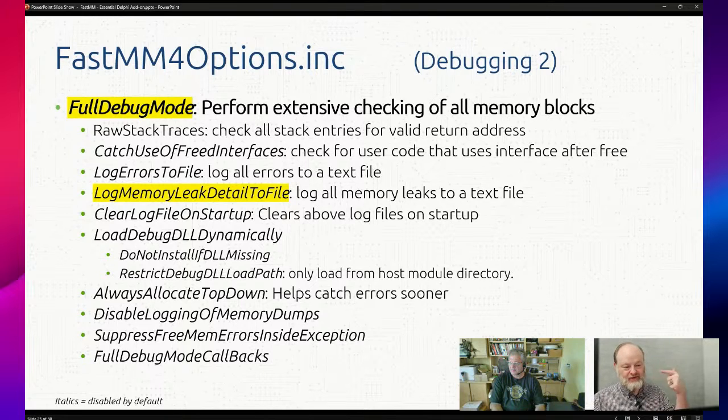So turn full debug mode on, and then these are the options underneath that as well. There are 2 pages of options here. Again, the ones in italics are off by default, and full debug mode is off by default. But when you turn it on, you can then turn on these other ones as well. And you mentioned that you use the log memory leak details to file option when you're doing full debug mode to catch memory leaks.